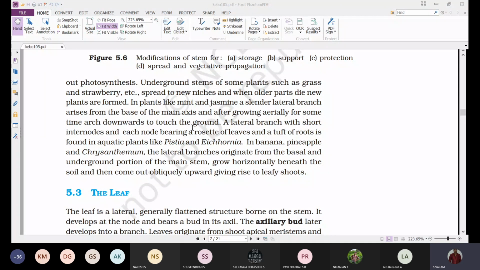Such structures we call suckers. We can observe them in mint and in banana.